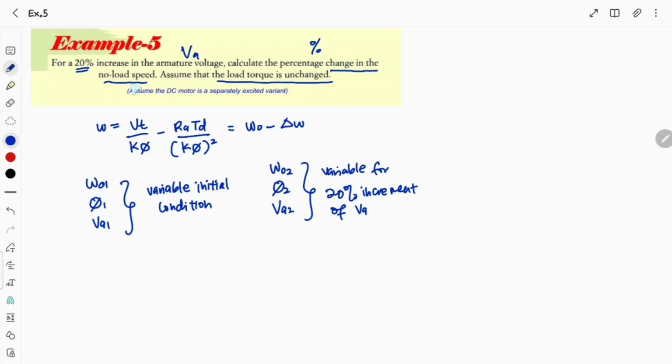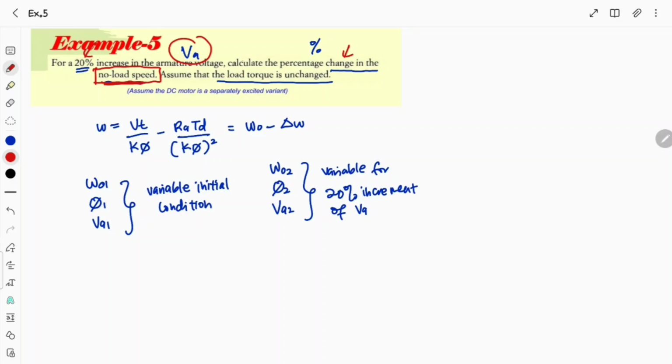Since we are tackling the no load speed, the no load speed changes. The question actually wants you to look at the changes in no load speed if we increase this VA by 20%. So that is the requirement.